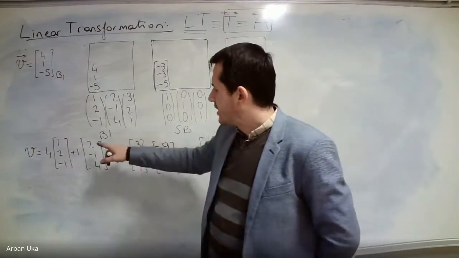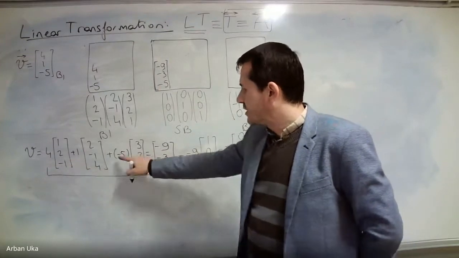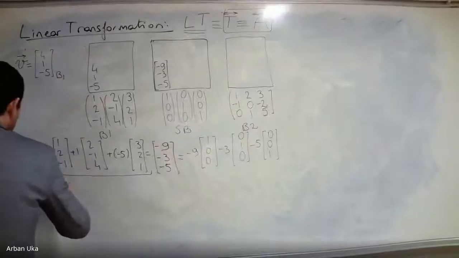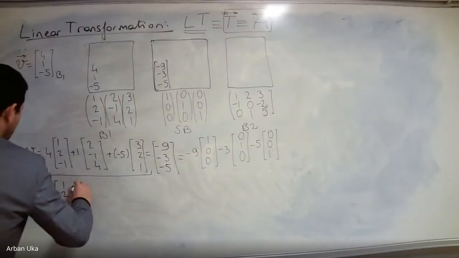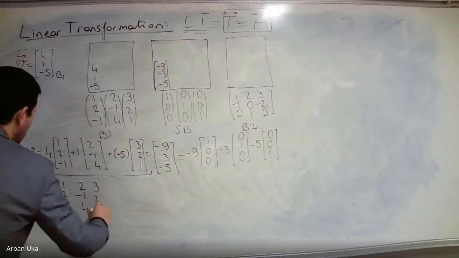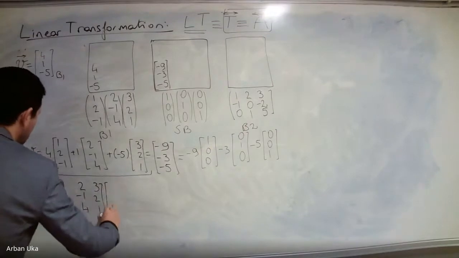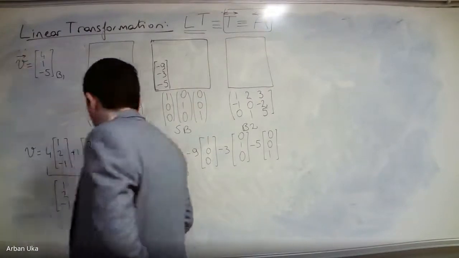So now, most probably, it looks to me that this expression, we can write again as the matrix with columns 1, 2, minus 1, 2, minus 1, 4, and 3, 2, 1, multiplied with 4, 1, minus 5. Would you agree with this?